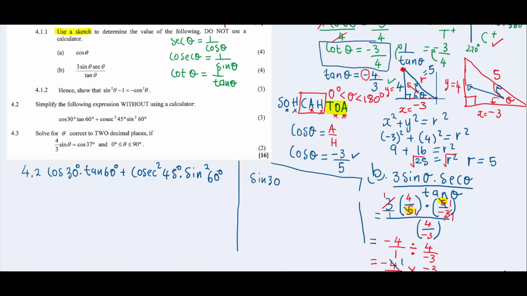I said when we're working with special triangles, just recall that the sine of 30 degrees is 1 over 2. And after that you can draw the triangle. And also recall that the cos of 30 degrees is root 3 over 2.